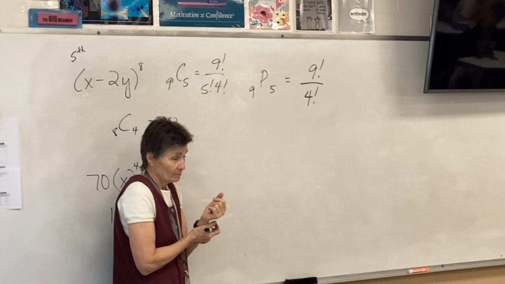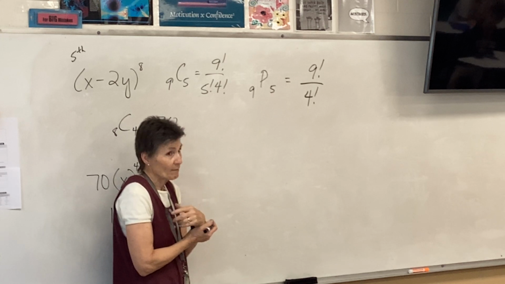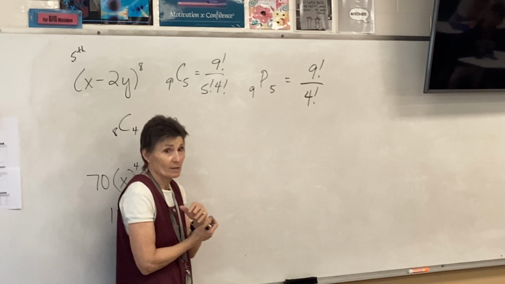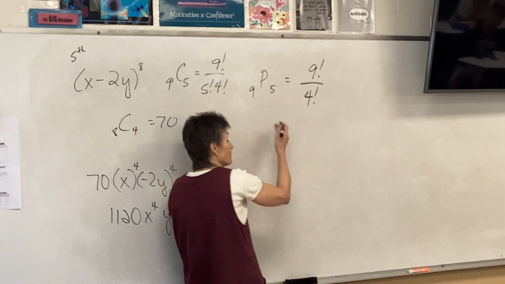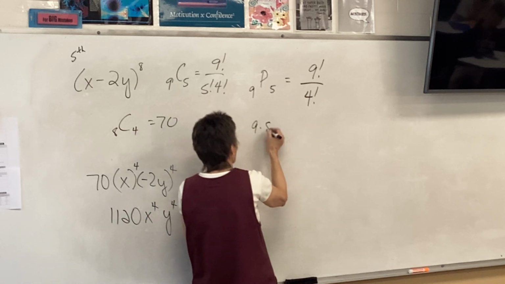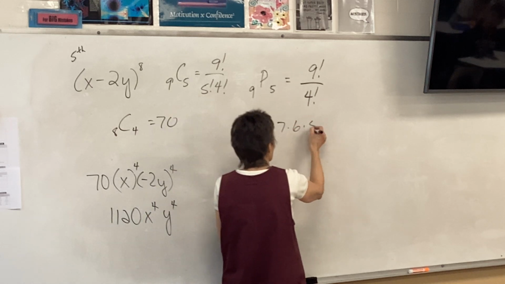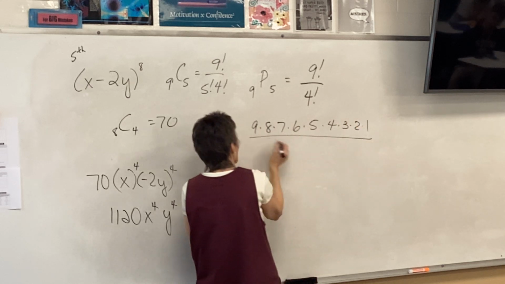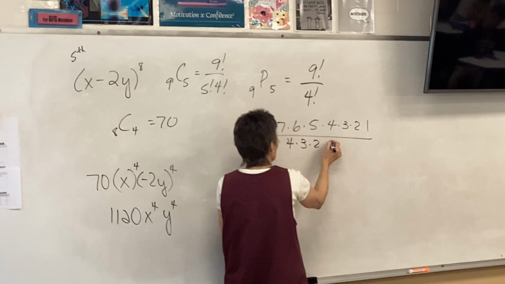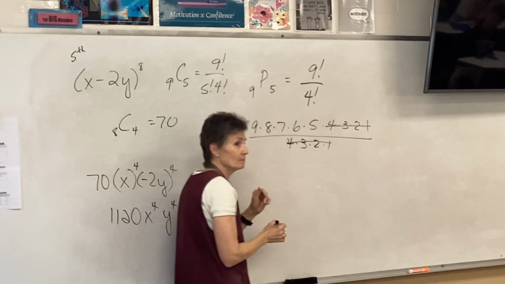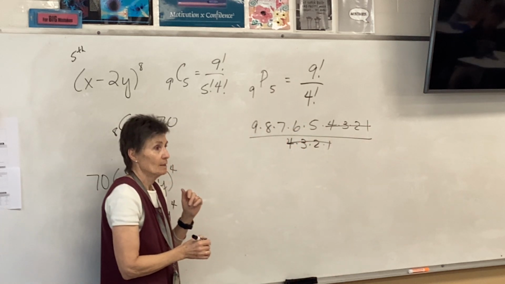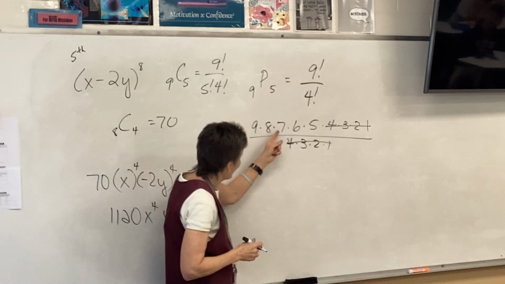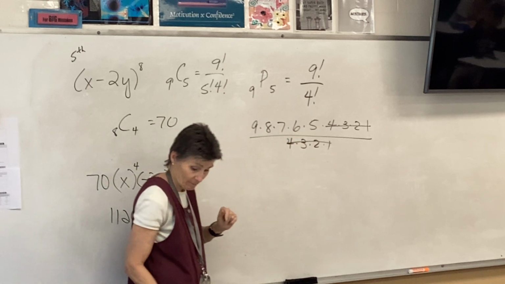Now, what else do I need to see if I'm doing this problem by hand? I need to see the factorials, right? So what's 9 factorial? 9, 8, 7, 6, 5, 4, 3, 2, 1, over 4, 3, 2, 1. So all that will cancel. Now you can take your calculator out and multiply these numbers together.